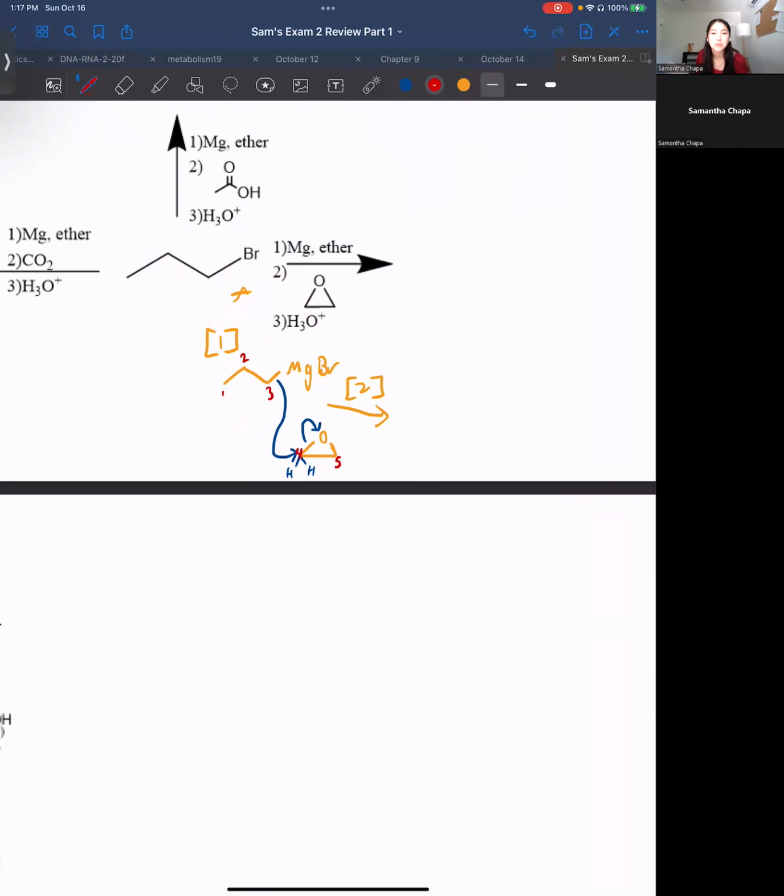Whatever numbering system helps you will help you on the test, but this is what would help me. And on 5, I have an oxygen with a negative charge.